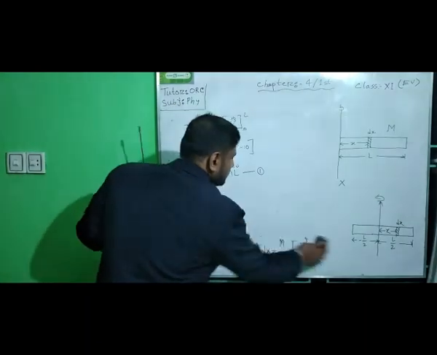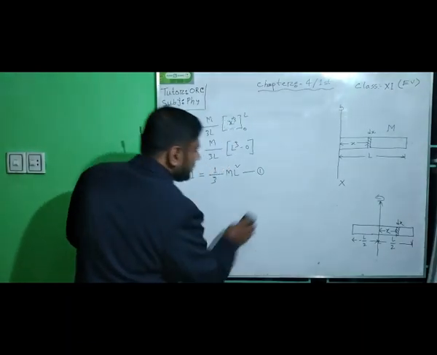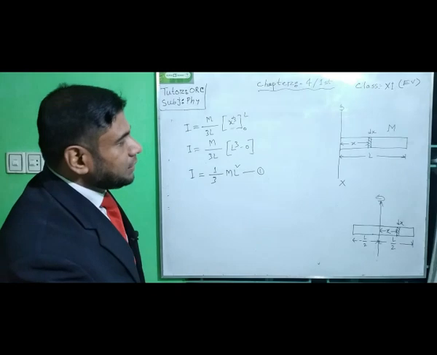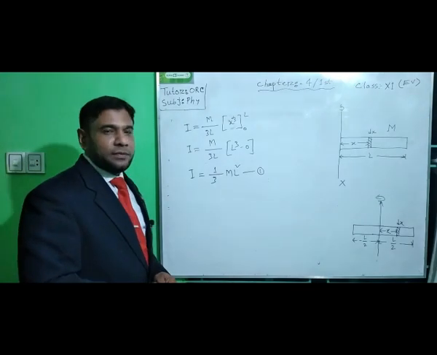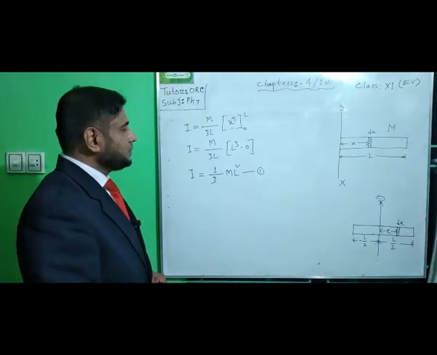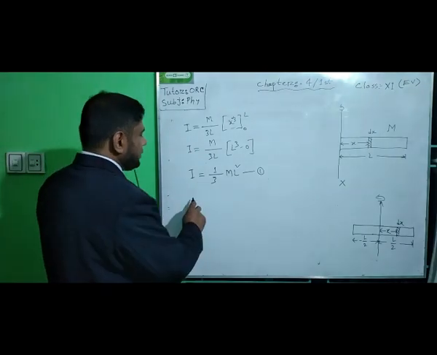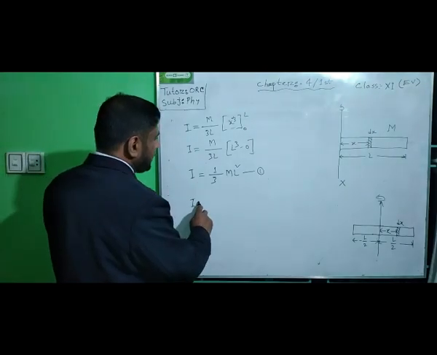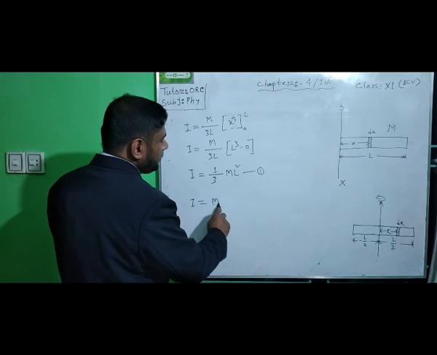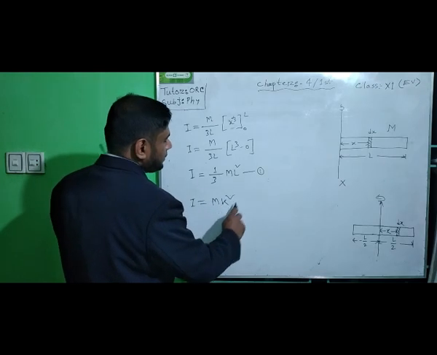We know that the radius of gyration is identified as k. So if the radius of gyration is k, then we can write I equal to m k square.